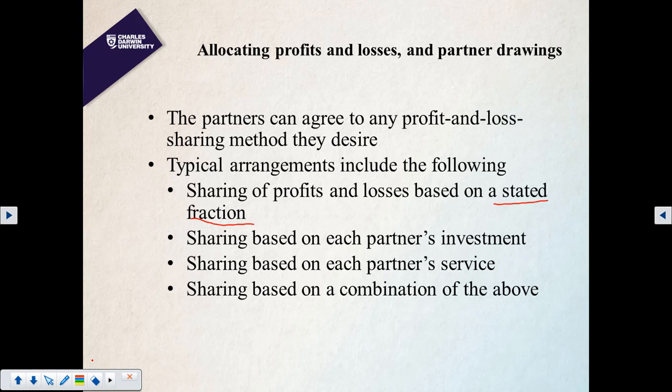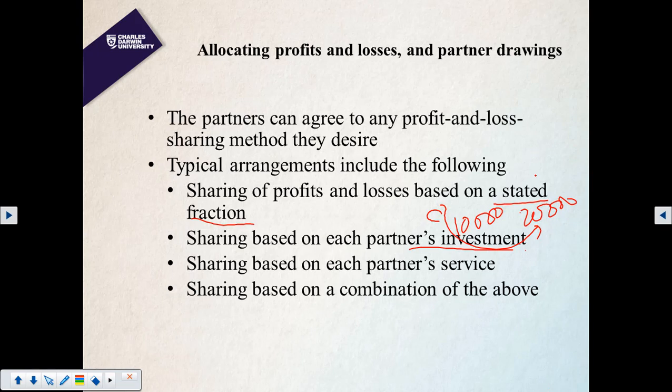Then sharing based on each partner's investment. You contributed $10,000, I contributed $20,000, so the allocation of profit is based on our capital. Whatever is your profit, my profit has to be double of this. Is that okay? Simple.